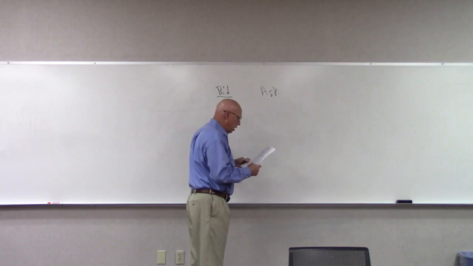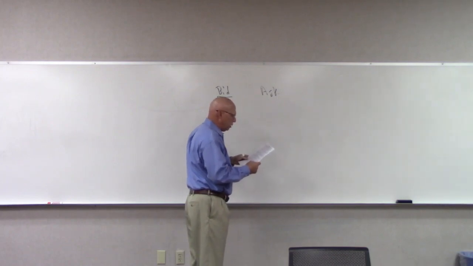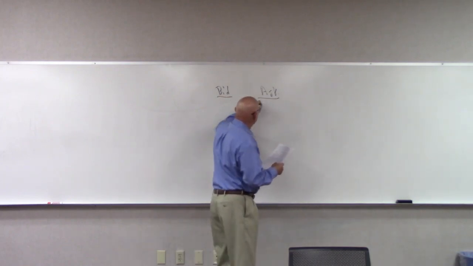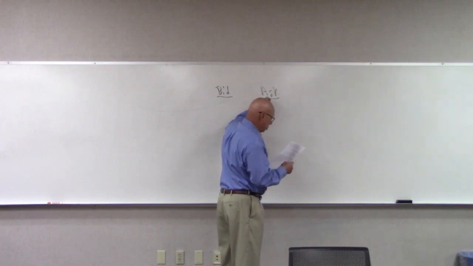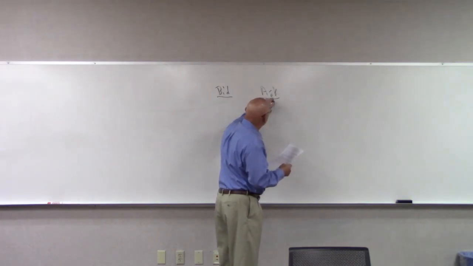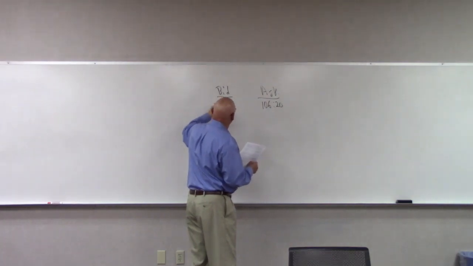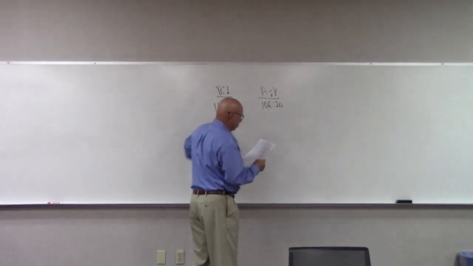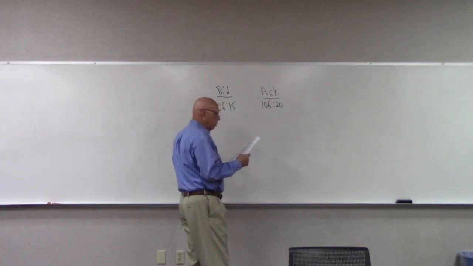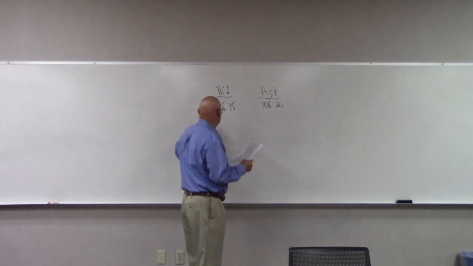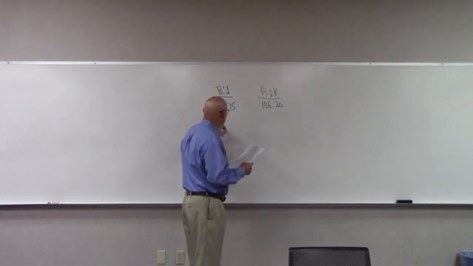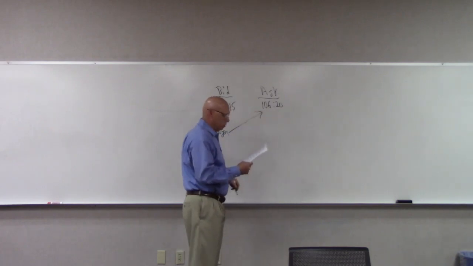And this is a treasury, so we have 106 and 20/32 on the ask, and 106 and 15/32 on the bid. You want to buy the bond, so the buyer will pay this price, okay?